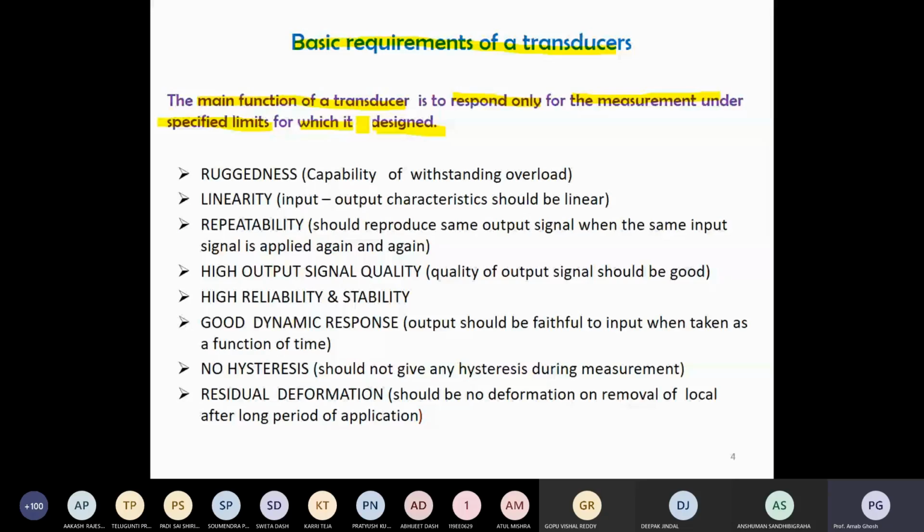If you study the data sheet, you can understand the limiting voltage and current. For example, the LEM voltage transducer, model LV 25-P, has a maximum of 600 volts; it can carry 600 volts.